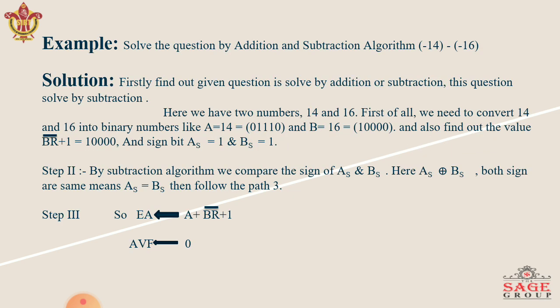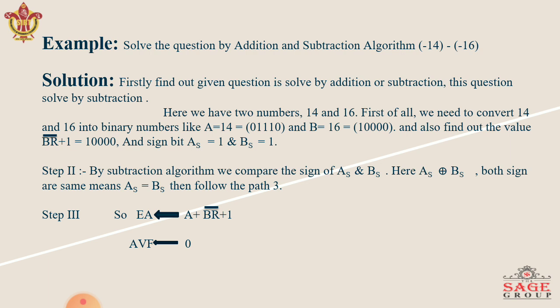Now we take one example to make the flowchart of the algorithm clear to you. So we take the question minus 14 minus 16. Firstly, find out whether the given question is solved by addition or subtraction. This question is solved by subtraction.